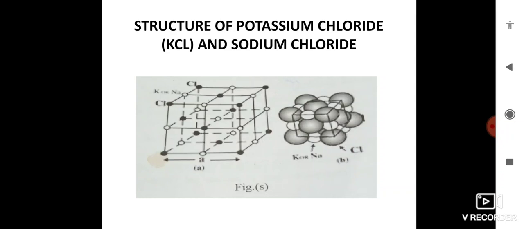The reason why KCl appears to be of simple cubic structure in X-ray diffraction may be understood after the study of the structure of NaCl. Here the main point is that KCl means K plus Cl minus. Here potassium has 19 electrons, chlorine 17.